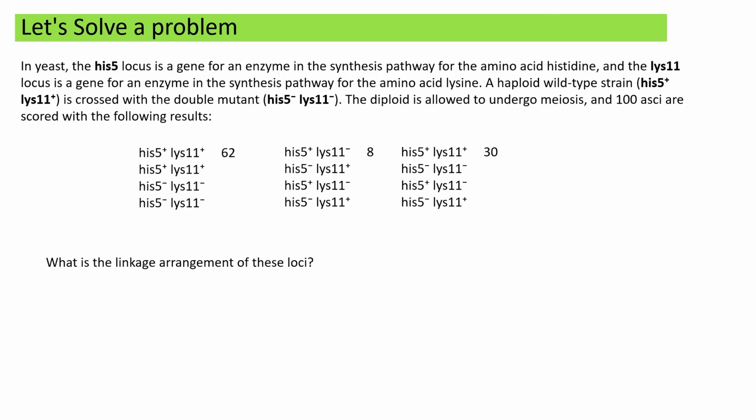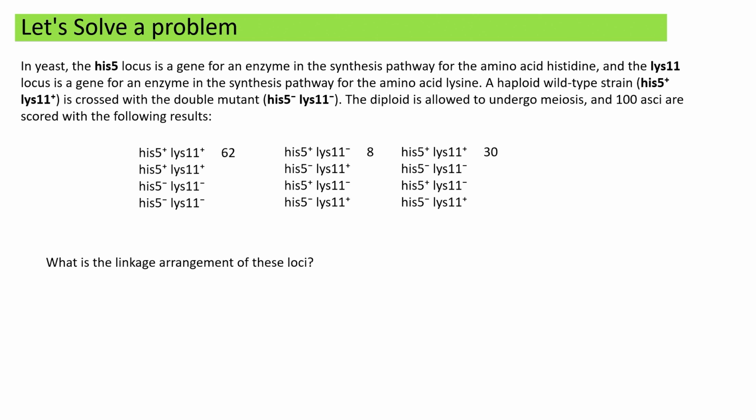And if we solve a problem, just to revise and revisit what we learned by using this question, where in a yeast the histidine locus is a gene for an enzyme in the synthesis pathway for the amino acid histidine, and the lysine 11 locus is a gene for an enzyme in the synthesis pathway for the amino acid lysine.